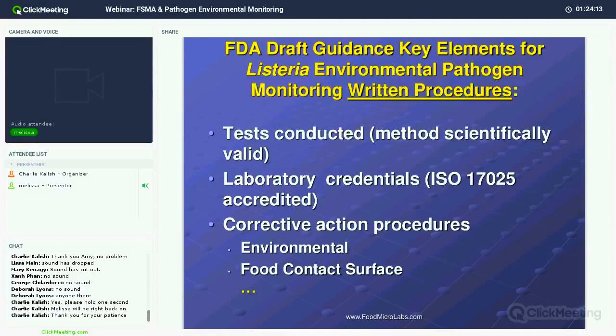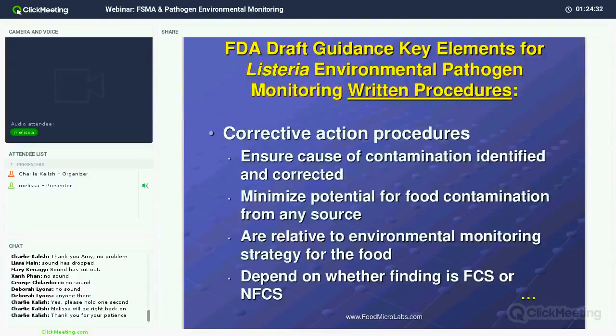They require written procedures. In the written procedures, we have to have the test methodology, laboratory identified, laboratory credentials, corrective action procedures for any environmental findings that are non-food contact, and also findings for food contact surfaces. Specifically, what it is that we're going to do to remedy a nonconformance is required.